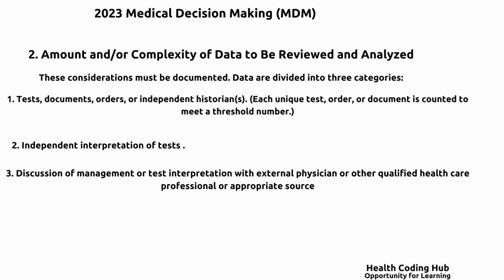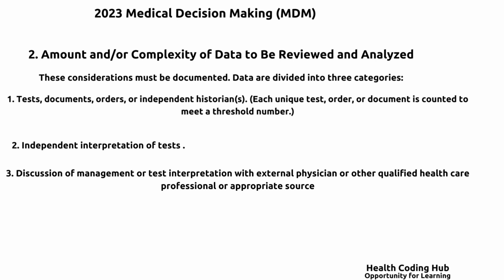This includes information obtained from multiple sources or communications that are not reported separately and the interpretation of tests that are not reported separately. Ordering a test is included in the category of test result, and the review of the test result is part of the encounter and not a subsequent encounter.